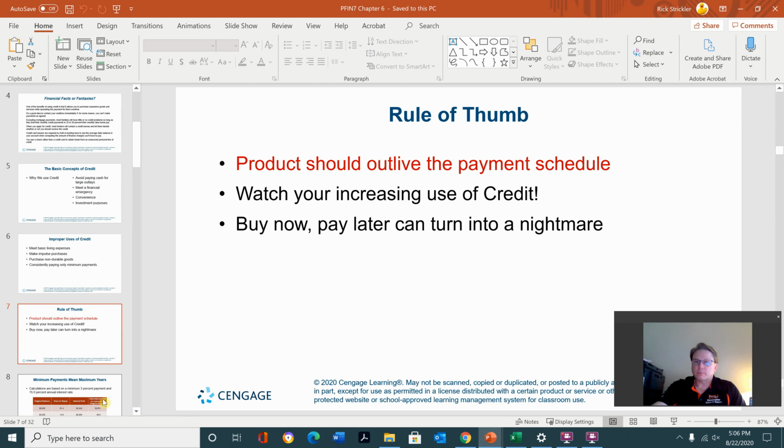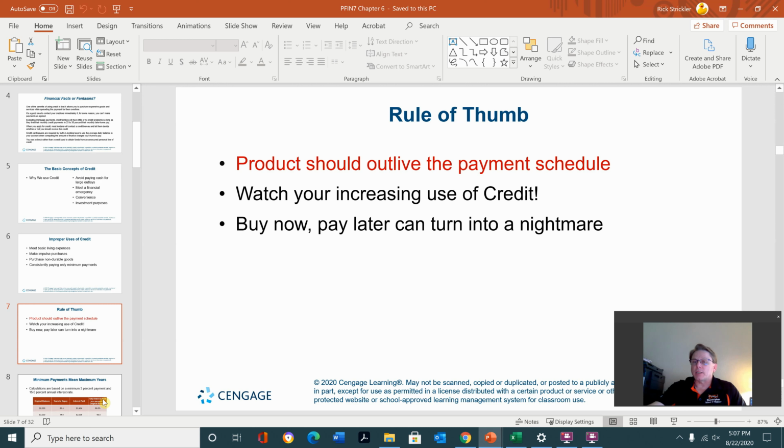Okay, rule of thumb: product should outlive the payment schedule. This is extremely difficult when it comes to new cars, because right now they're doing 8 and 9 year loans on new cars. So it is extremely difficult to get a vehicle that is going to outlive the payments on it, the loan on it, if you get the maximum term.